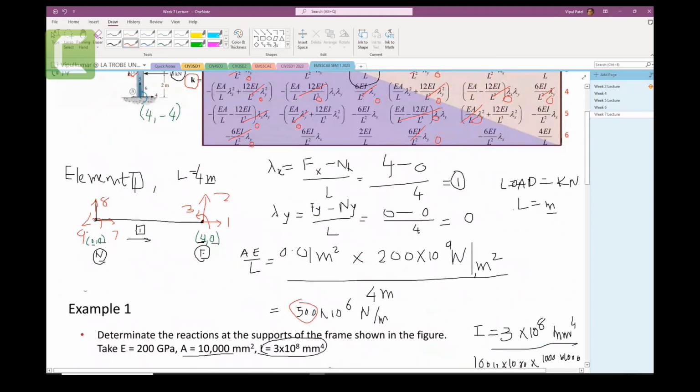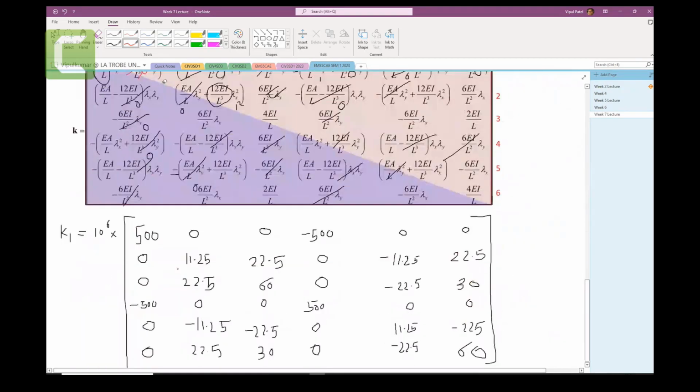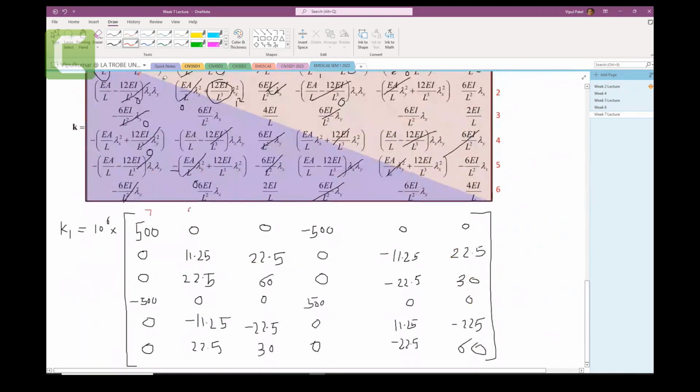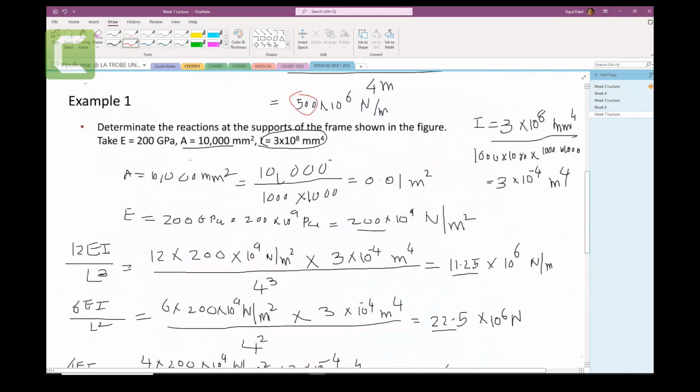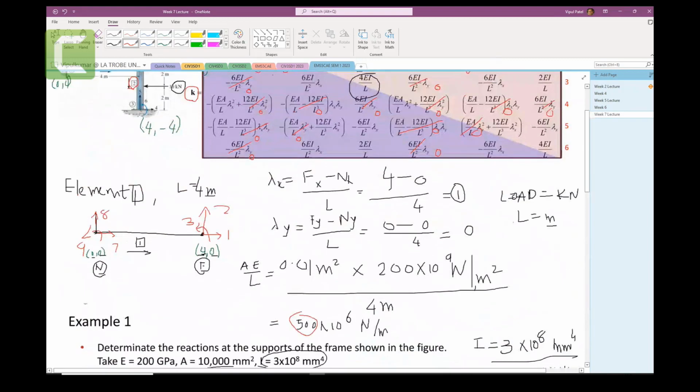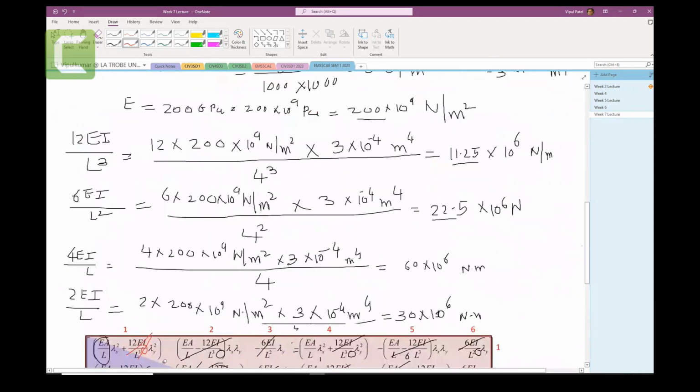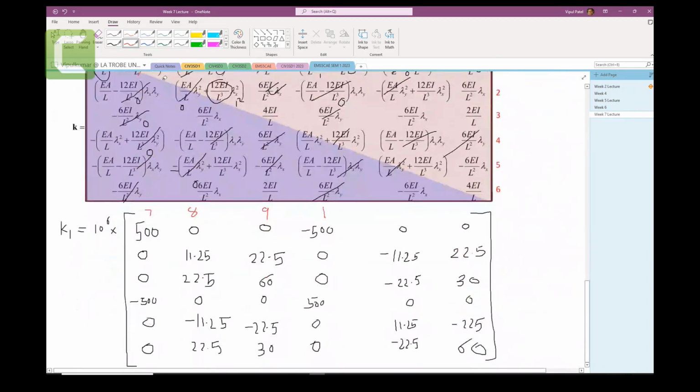You have 7, 8, and 9, so you put x, y, and rotations: 7, 8, and 9 for the near node. And then you put far node 1, 2, and 3. Similarly 7, 8, and 9, and 1, 2, and 3. Right? I hope you understand this.